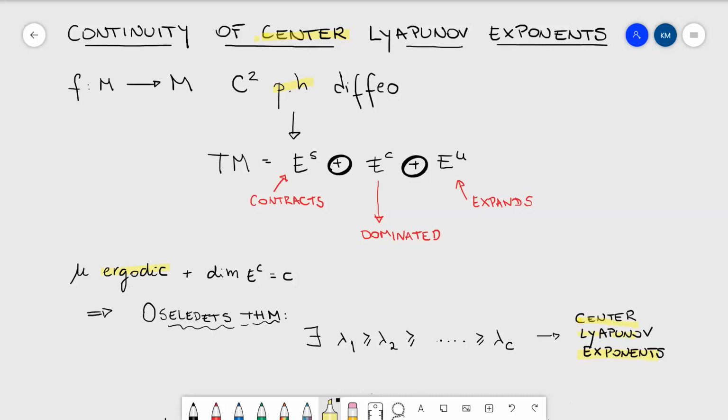And these numbers are giving information about the asymptotic behavior of this subbundle E^c. I'm not being very precise about this definition now, but in a minute, I'm going to fix a simpler case, and I'm going to give you the definition of the Lyapunov exponent. What is important here is that they give me information about what happens with the dynamics in the center.